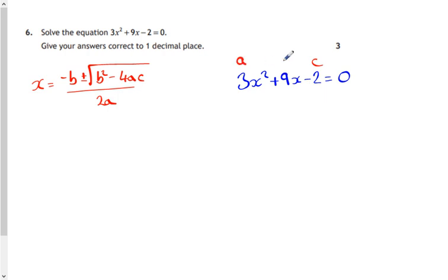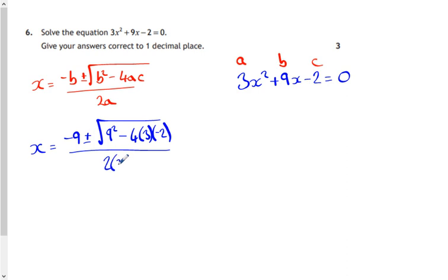My C I can kind of get away with, A and B. So if we pop these numbers into our formula, we get x is equal to negative 9 plus or minus the square root of 9 squared minus 4 times 3 times negative 2, all over 2 times 3, which is negative 9 plus or minus the square root of 81 plus 24. Notice that the double negative there gives us the plus, so 105 over 6.